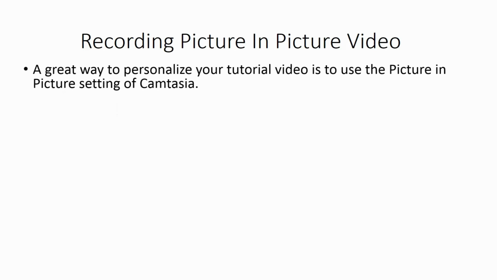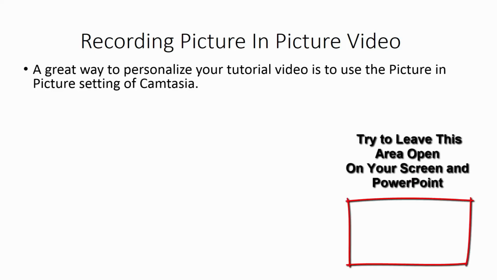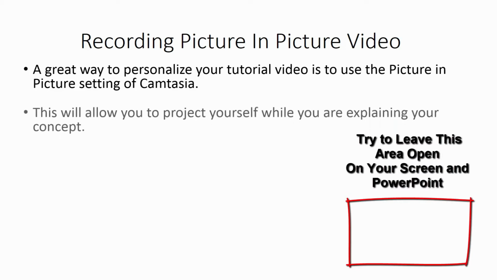Picture-in-picture video is a good way to personalize your tutorial videos. What you're doing is putting an image or a video of yourself, typically in the bottom right-hand corner. If you think about seeing a square of yourself, your entire background, and you really giving life to the video, this is a great way of personalizing a PowerPoint video or even sometimes a screen share video.